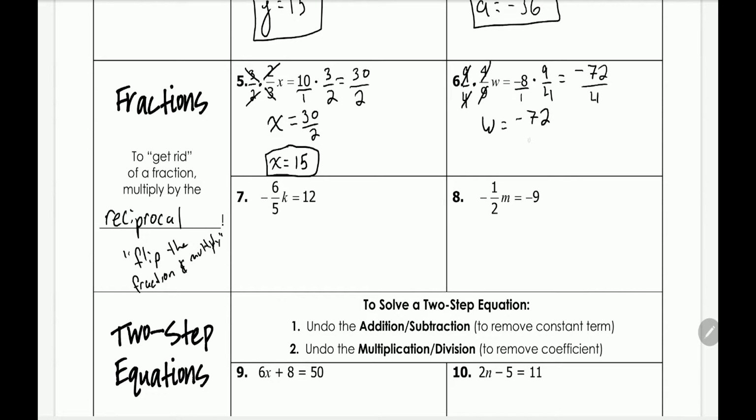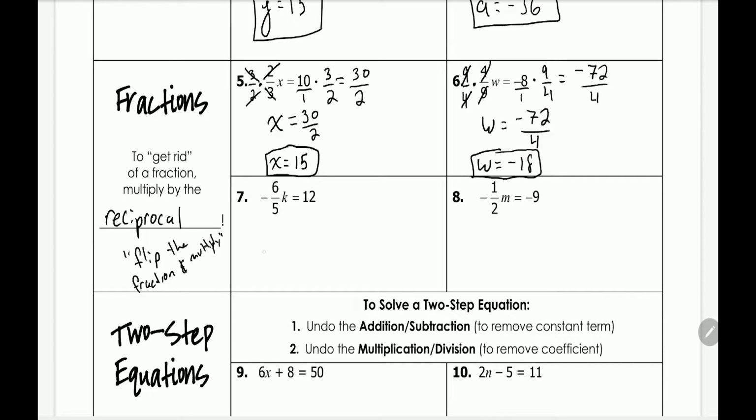So this is one of our answers, but it's not simplified, so we're not done yet. So we have w is equal to negative 72 divided by 4 gives us an answer of negative 18. Alright, and that's going to be our final answer for number 6.